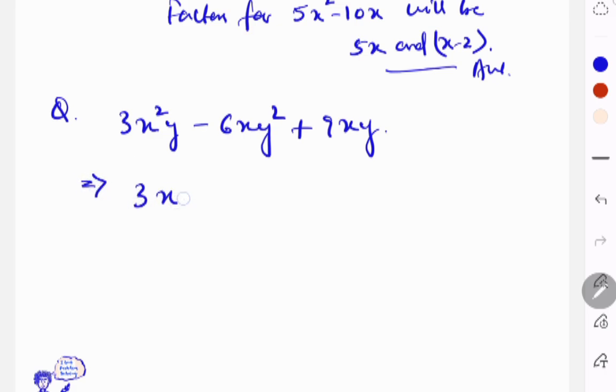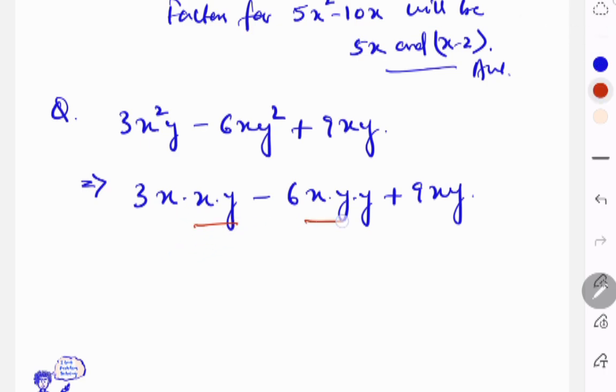So 3x square y can be written as 3 into x into x into y, minus 6xy square, plus 9xy. Now see what we can take common. We have xy, xy, xy in all the terms. So we can take xy common. So we will have 3x minus 6y plus 9. Okay.